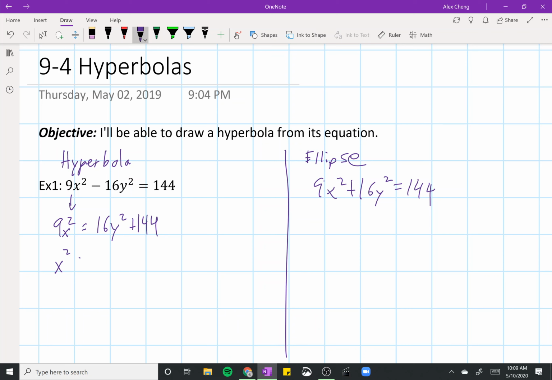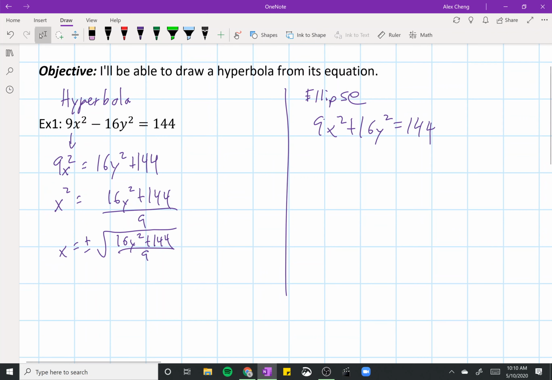So I'll have x squared equals 16y squared plus 144 over 9. And so x itself would be equal to plus or minus the square root of 16y squared plus 144 over 9. Why not take the square root of that 9 as well? And I'll get plus or minus 1/3 times the square root of 16y squared plus 144.